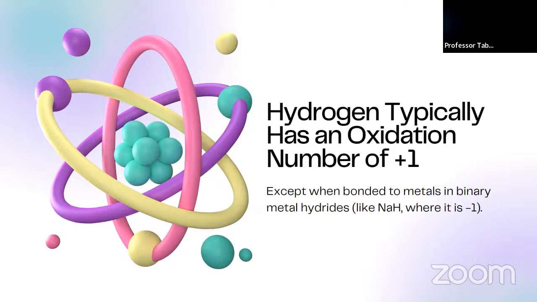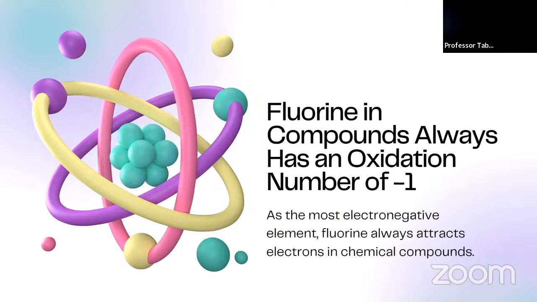Again, hydrogen typically has an oxidation number of +1, except when it's bonding to metals. If it's bonding to, let's say, chlorine, then no, because chlorine is a nonmetal. But if it binds with metals, like pretty much anything in groups 1, 2 through 12 and 13, that's what we're talking about right here.